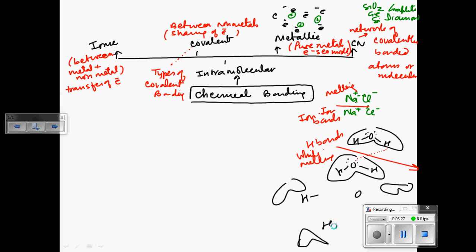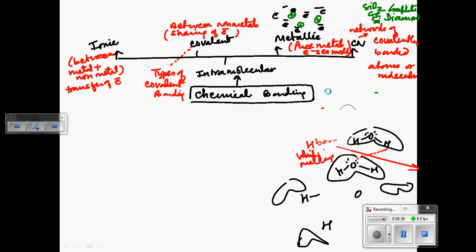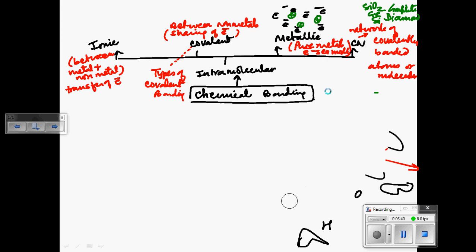You're making them go far apart. So you're breaking intermolecular force. I want you to keep that in mind and remember that distinction between intra and intermolecular bond. And by an extension of it, that is why the melting points of covalent network solids are so high, because when you are melting a covalent network solid, you're actually breaking a covalent bond.